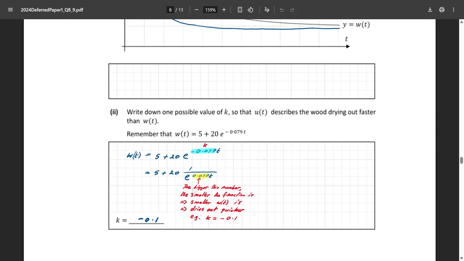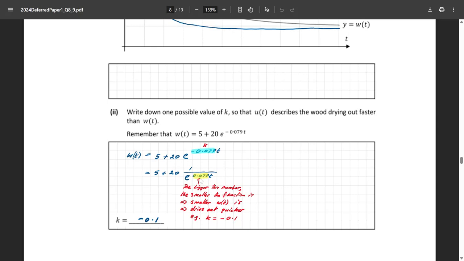And that means we know now a way to make this smaller, quicker in other words, because again, that's WT. So if this part is getting smaller, well, WT itself is getting smaller. So the percentage of water is getting smaller in the same time. So basically, as long as we pick any number there that's bigger than the existing number, we're sorted. Any number you can pick that's bigger than that will do it for us.